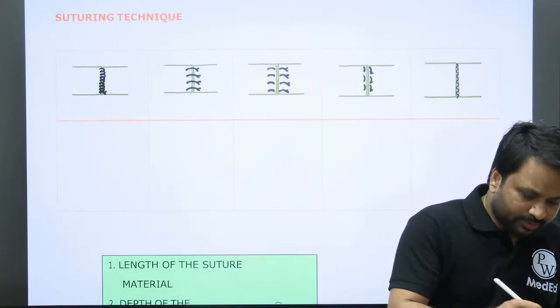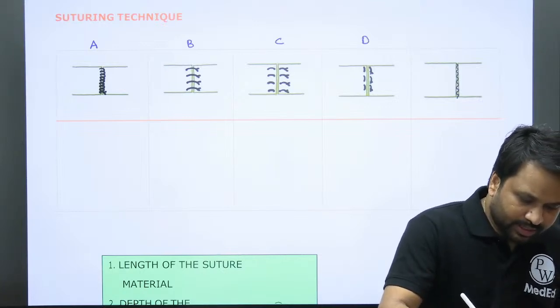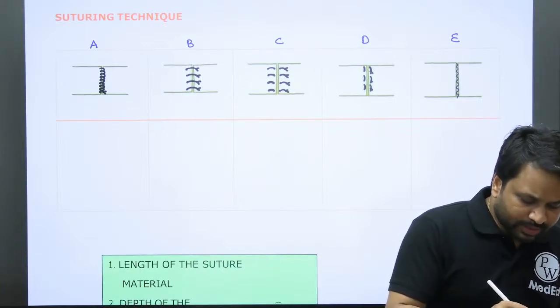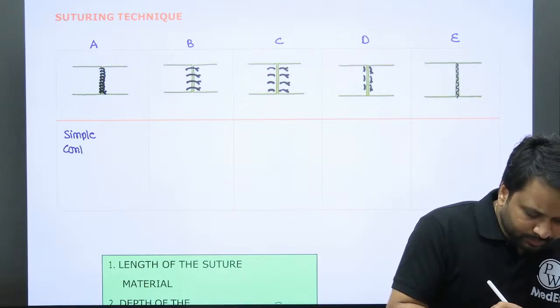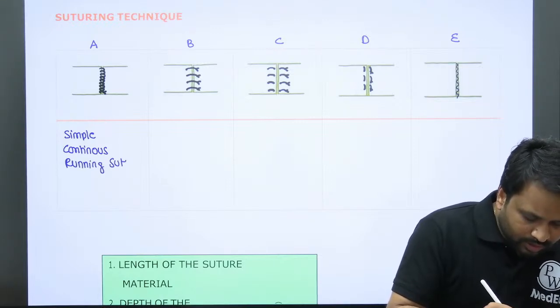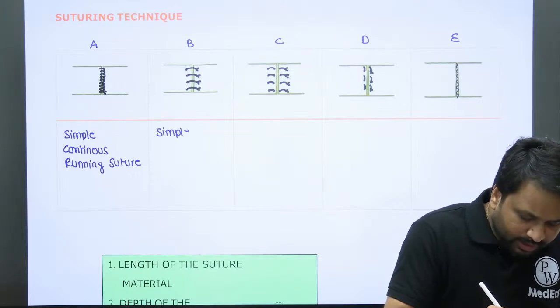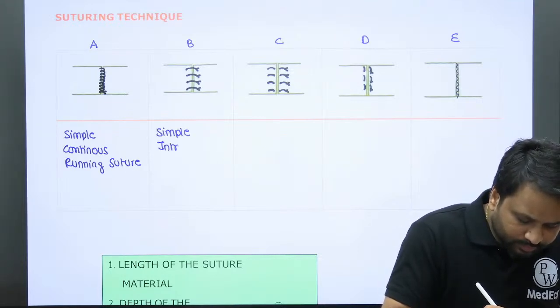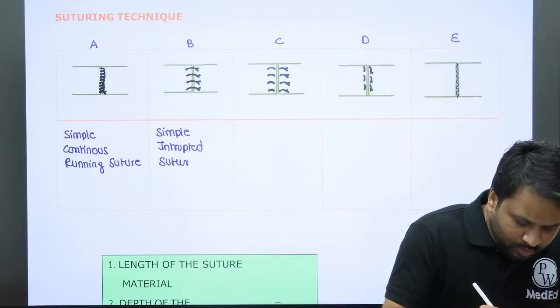I'm going to simply name them as suturing technique A, B, C, D. The first one is what we call a simple continuous running suture. The B one is a simple interrupted suture.